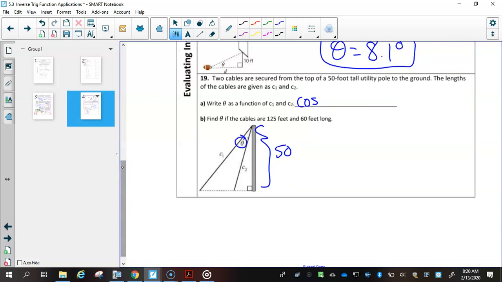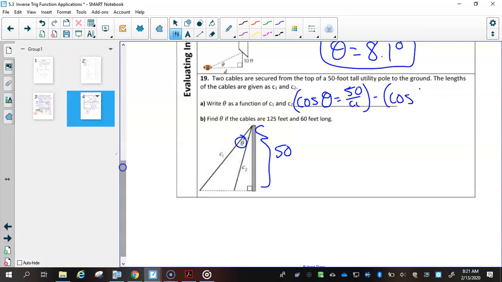So that would be adjacent and hypotenuse, so we're using cosine. I'm going to write this without the inverse first. But we're subtracting these 2 functions so that we just find one angle and not both.